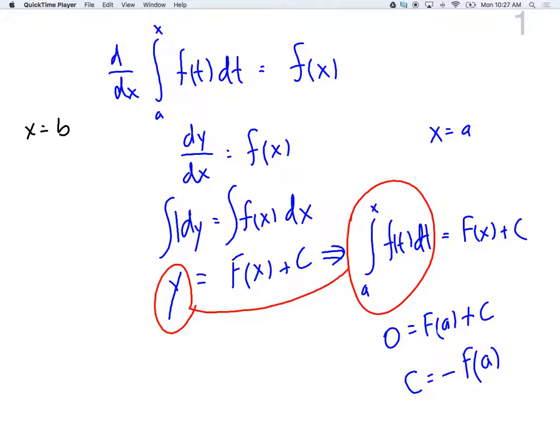Then we get the integral from a to b of f of t dt is equal to F of b plus c. Okay, so that's just a plug and chug. Which means I know what c is, because I solved for that here. And after everything is said and done, we get the following.